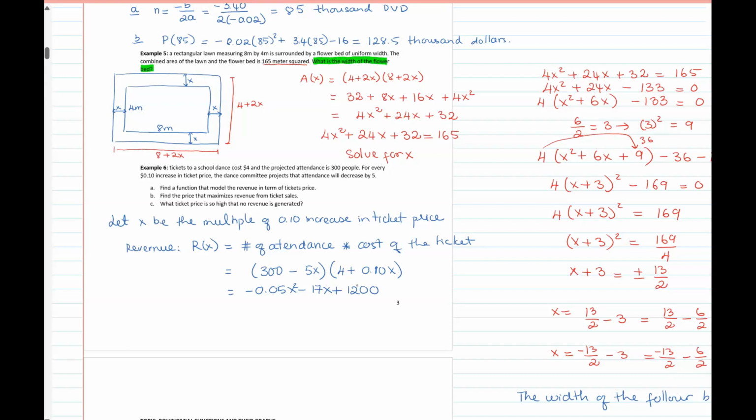Now find the price that maximizes the revenue for ticket sales. Since this equation has a negative coefficient for x squared, the graph of this quadratic function opens downward. The vertex is the maximum. So the maximum revenue is at the vertex, x equals negative b over 2a.